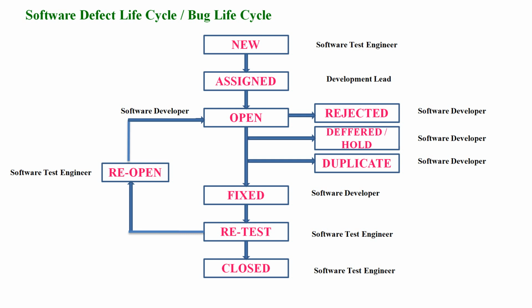Next, duplicate. What does it mean? See, say for example, in a software testing team there are 10 software test engineers. One software test engineer has found the defect and has reported it. And some other software test engineers who are working in the same project, in the same team, knowingly or unknowingly, will also report the same defect, which is already reported by some other software test engineer.